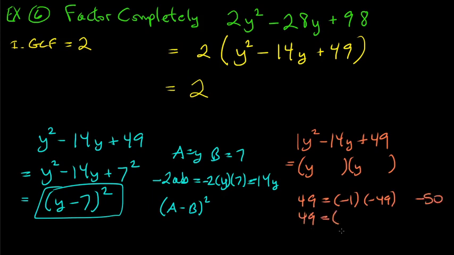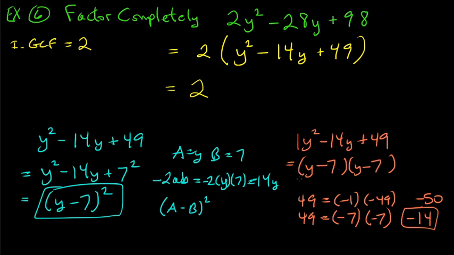So it turns out you're not going to be able to divide by negative 2, or negative 3, or negative 4, or negative 5, or negative 6. But negative 7 works. It's negative 7 times negative 7. And negative 7 plus negative 7 is negative 14, and there's our match. So it's y minus 7 times y minus 7.